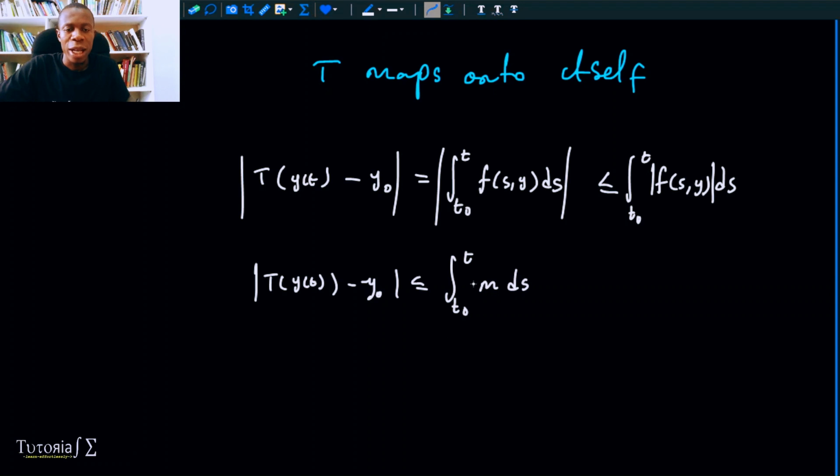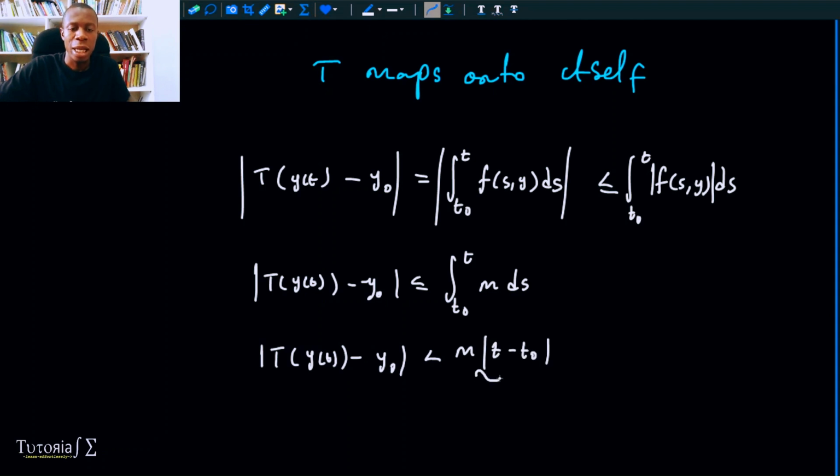We are integrating over a constant, so this will further be less than M times (t minus t₀).